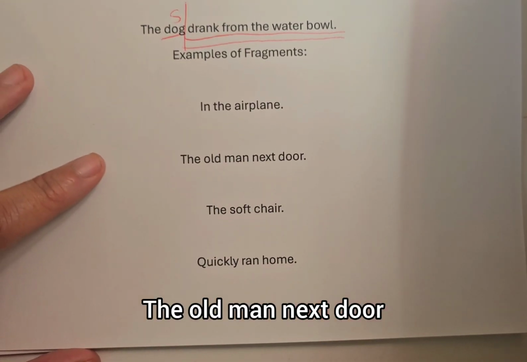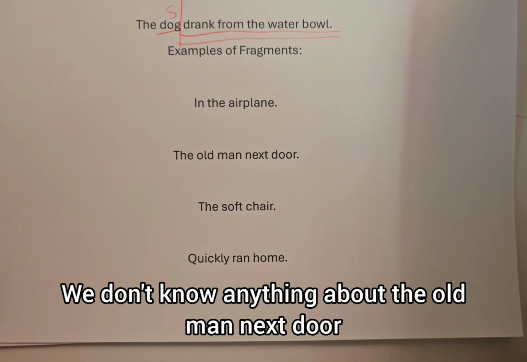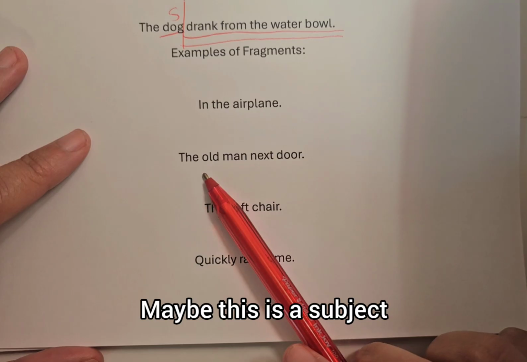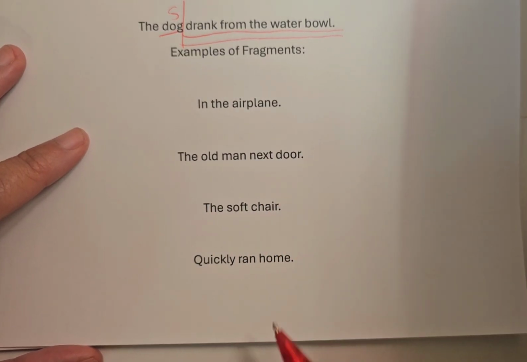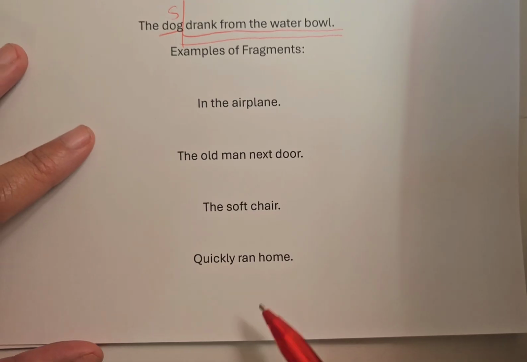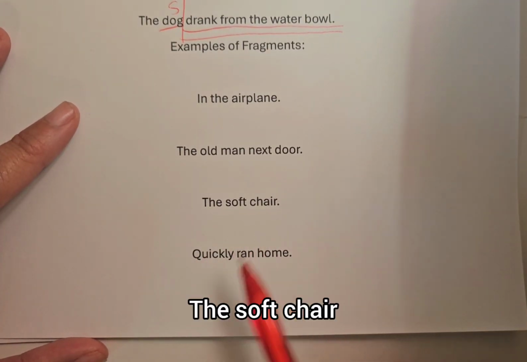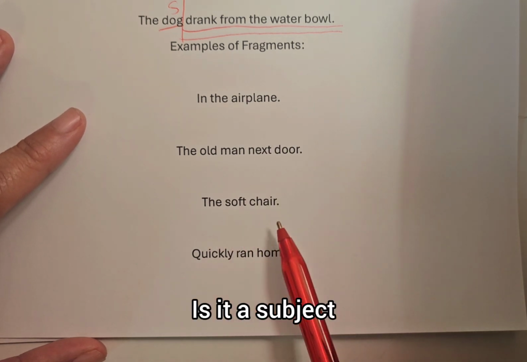The old man next door. What was he doing? We don't know anything about the old man next door. Maybe this is a subject, but it's not giving us a predicate, so this is a fragment. The soft chair. Is it a subject?